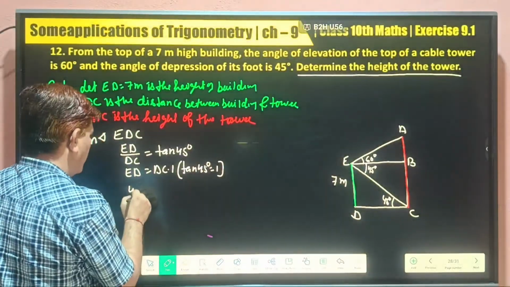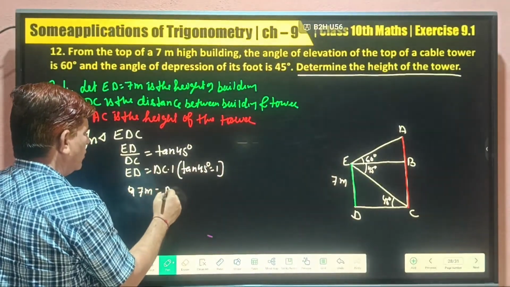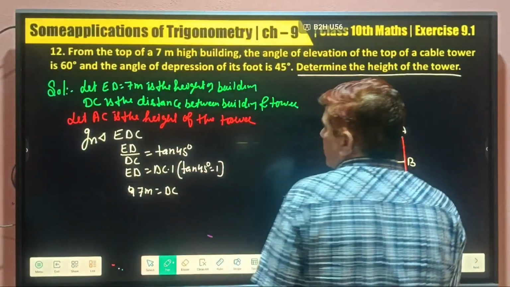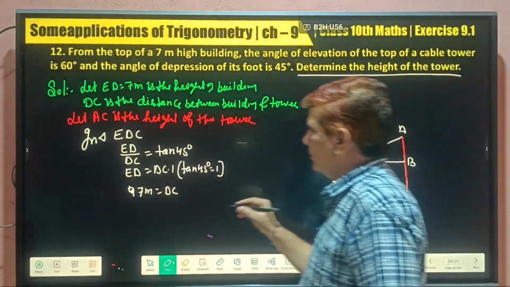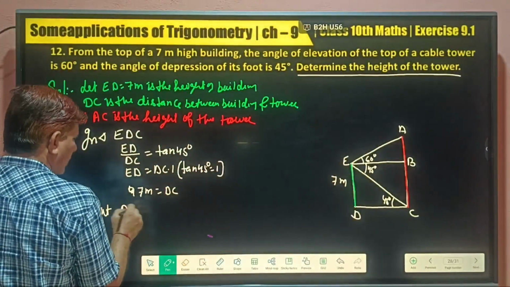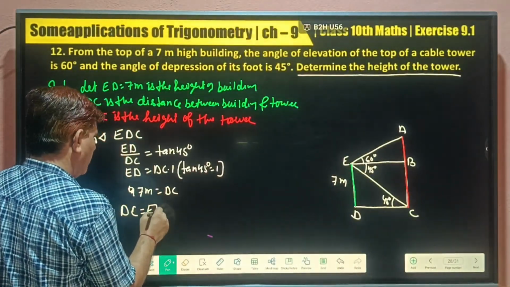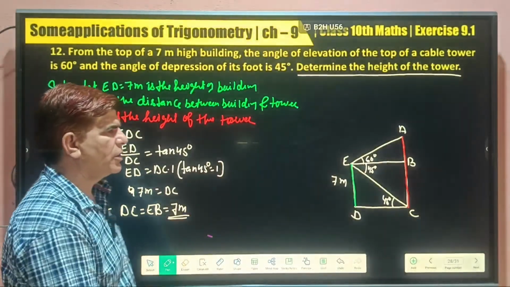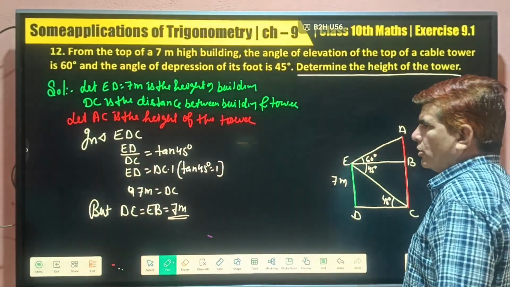What's ED? 7 meter. So 7 meter is equal to DC. Distance between building and tower is 7 meter. But DC equal to EB equal to 7 meter. Understood?